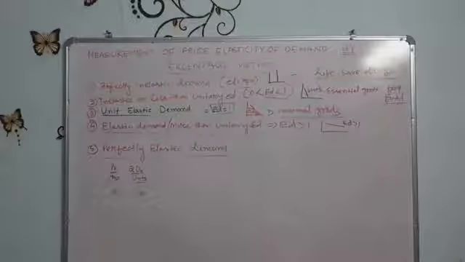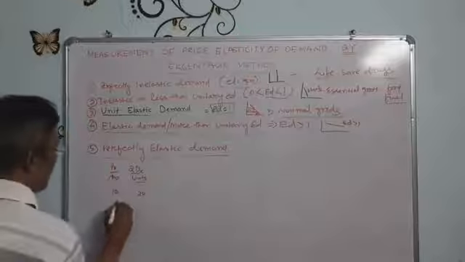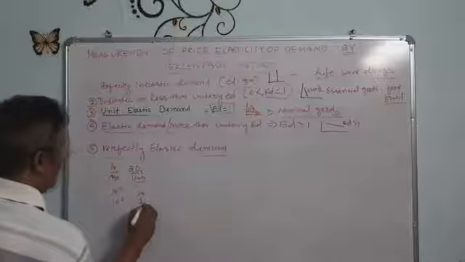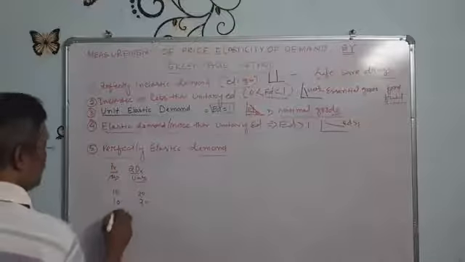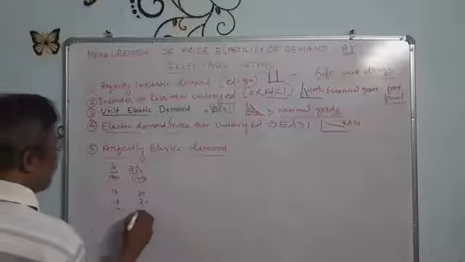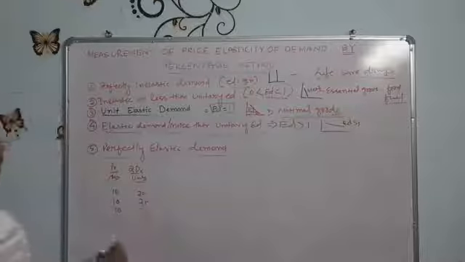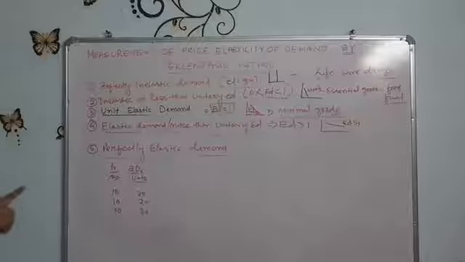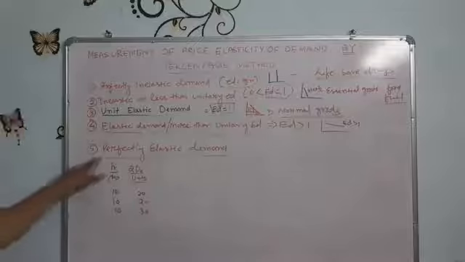If price is 10, quantity may be 25, or 30, or 10. So this kind of demand is called perfectly elastic demand.